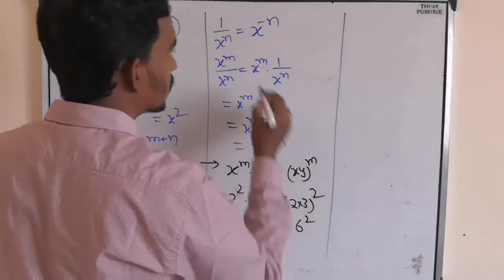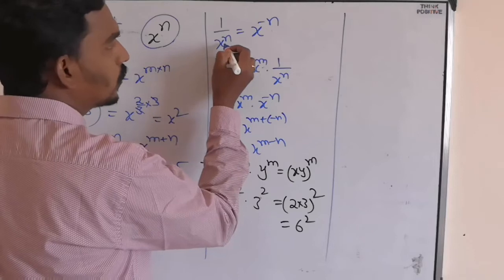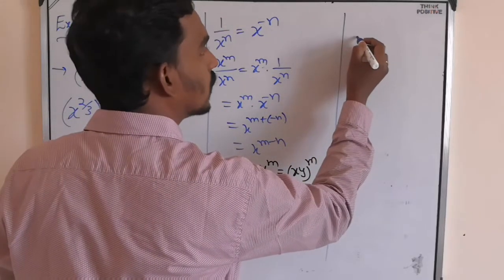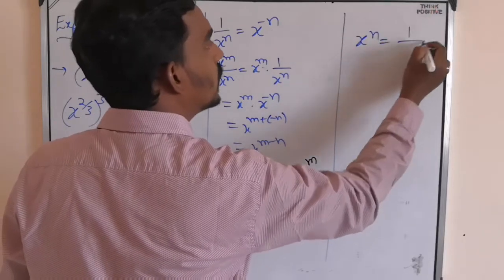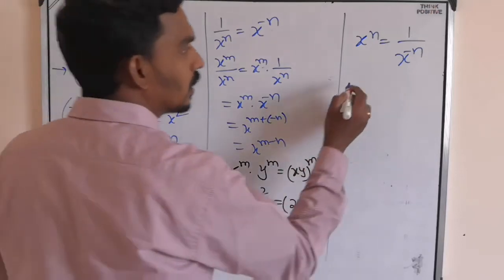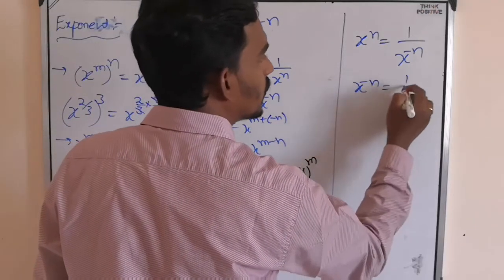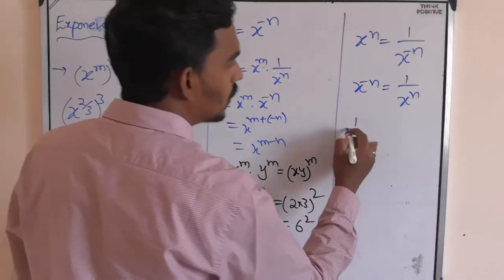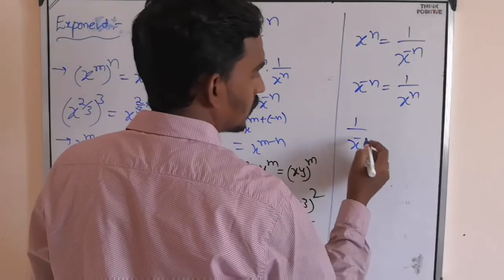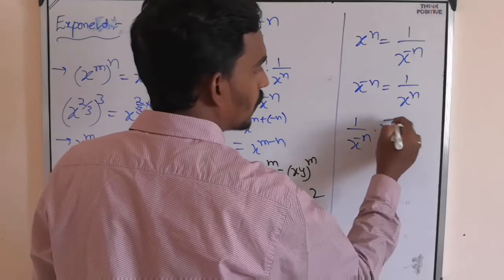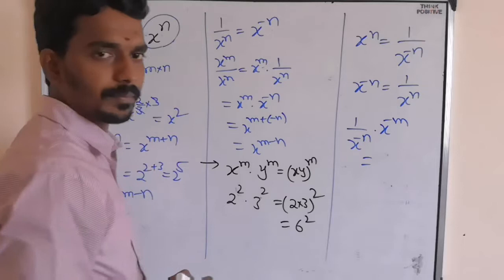Also sometimes when you take from denominator to numerator, x power n can be written like x power minus n, or x power minus n can be written like 1 by x power n, or 1 by x power minus n into x power minus m. Anything can come.